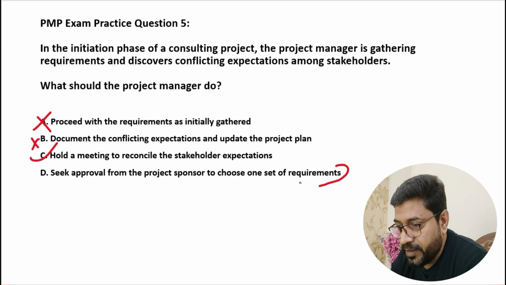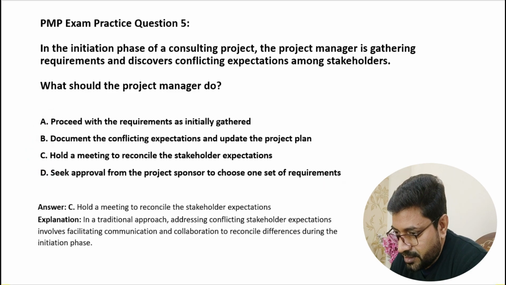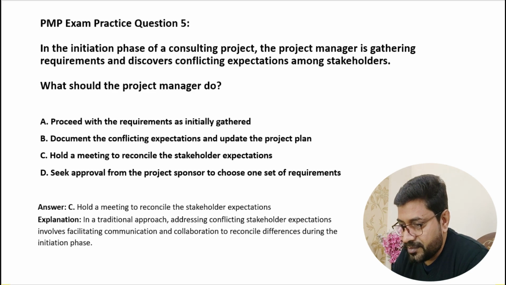Okay, so always you should try out all the options from your end, and if you cannot resolve the problem, then only you can look at the higher authority. So option D is also not the right option. Let's go with option C. All right. Okay, great. So option C is the right answer.